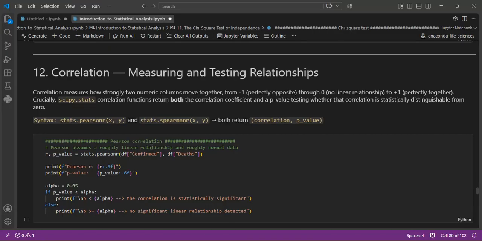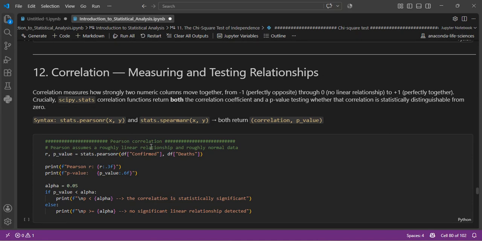However, how do you get a value to confirm that correlation, not just by visually saying it is positively correlated, but by what value? That gives us the opportunity to use correlation.